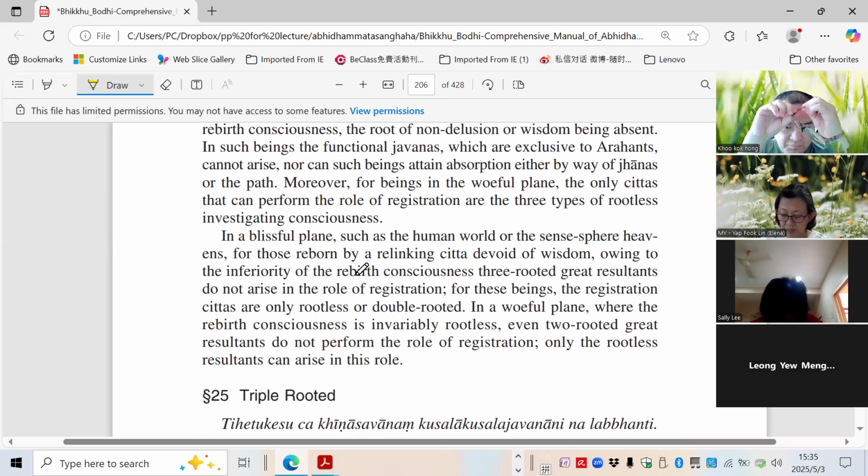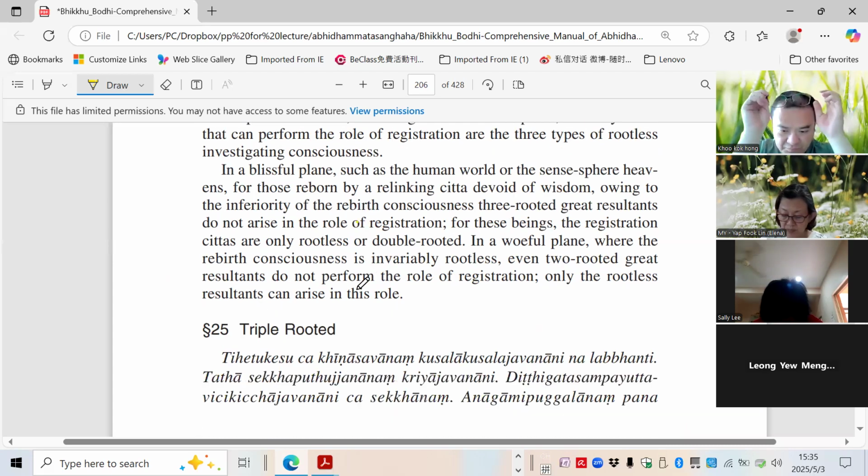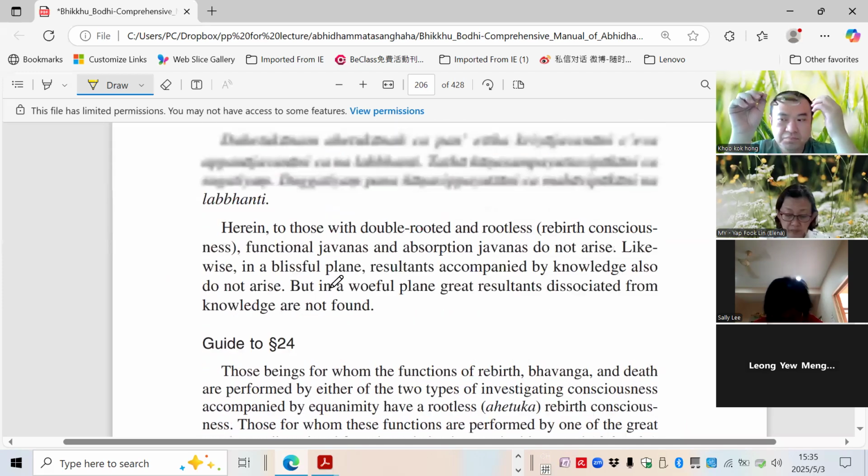For these beings, the registration cittas are only rootless or double-rooted. In a woeful plane, only the rootless resultants can arise in this role. Okay, thank you so much.